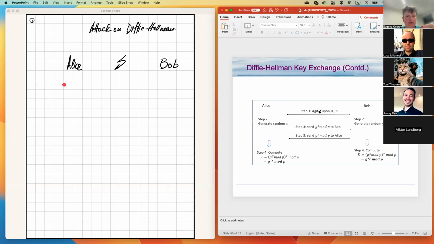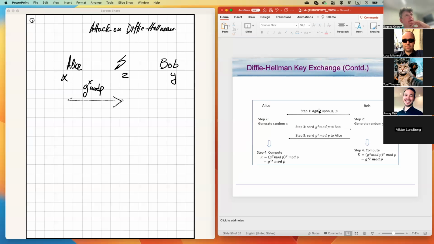But the man in the middle here is very straightforward. When Alice sends its G, so it creates a secret X, and this one creates secret Y, and this guy in the middle can create secret Z. So when Alice sends G to the power of X mod P, this request can be intercepted.